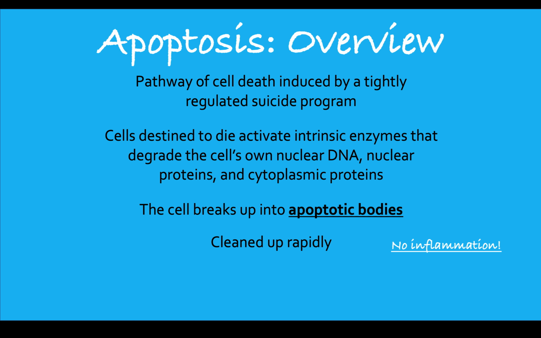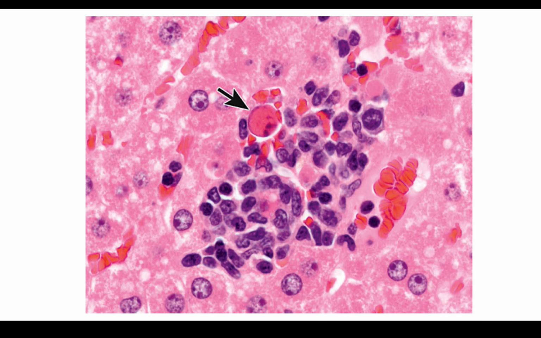So in this picture, you can see this is what an apoptotic cell looks like. This is a part of the liver, and this is a small focus of inflammation in the liver with an apoptotic cell. Now, importantly, I'm pointing this out because this is something called the bystander effect. I just said that you shouldn't see inflammation with apoptosis, and now I'm showing you a picture where there's a lot of inflammation and apoptosis.